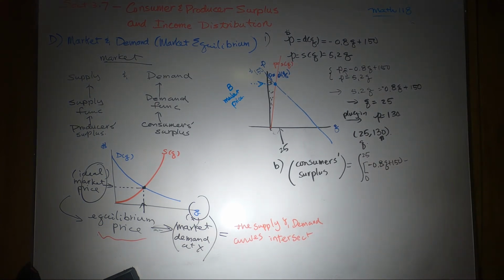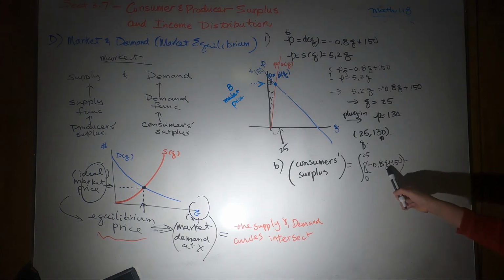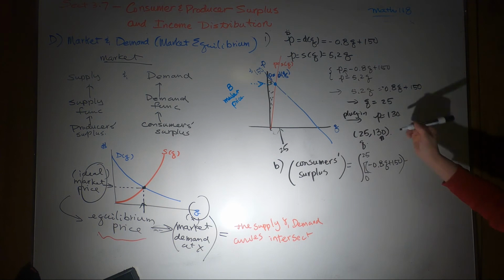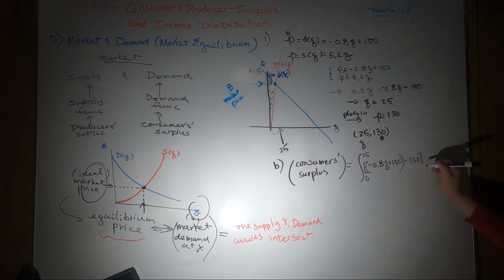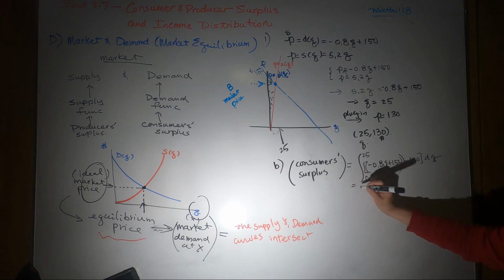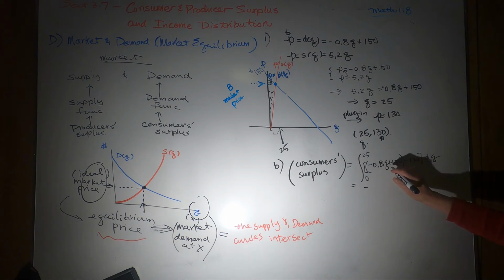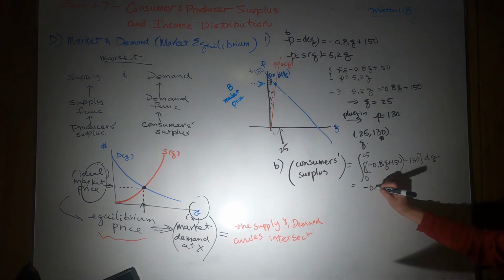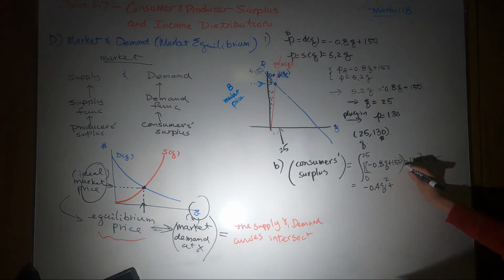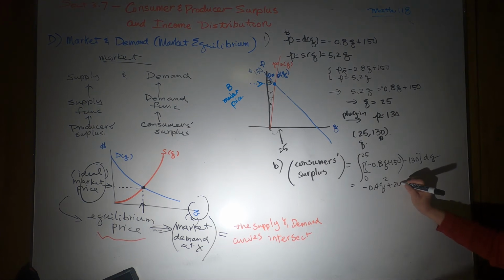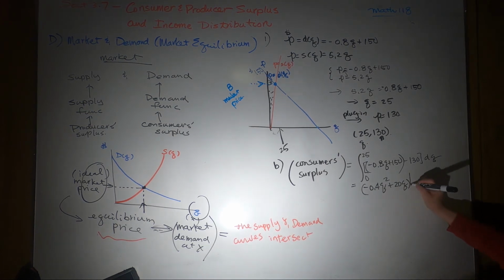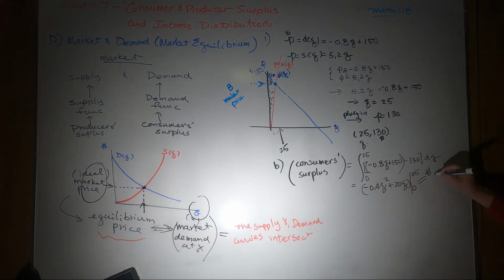So that's your demand function minus your market price, y equals 130, against Q. Then you take the antiderivative, going one level higher, divided by 2. So that would be negative 0.4Q squared plus 150 minus 130, 20Q, from 0 to 25. Then you will have $250 for this product.